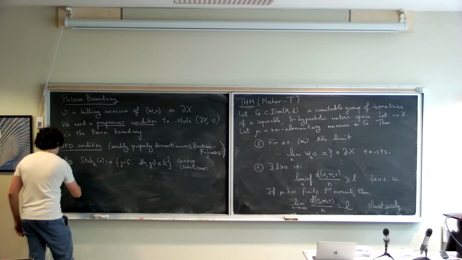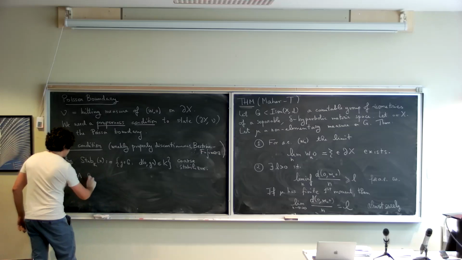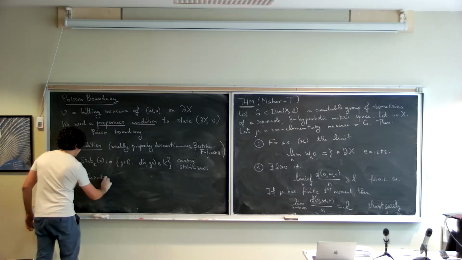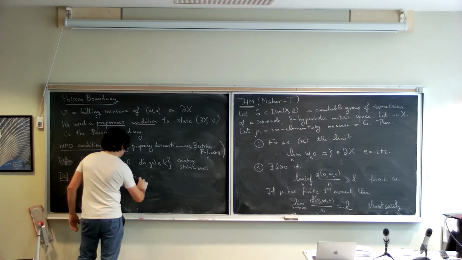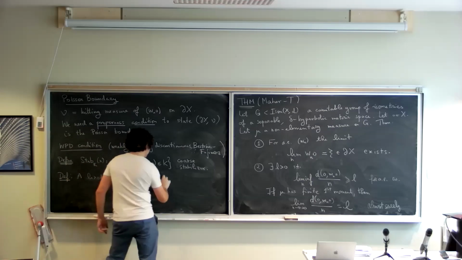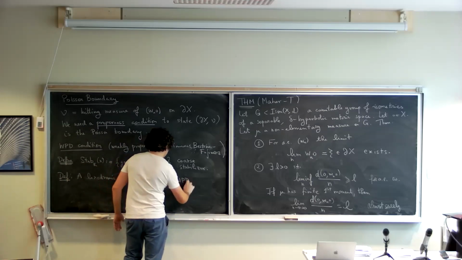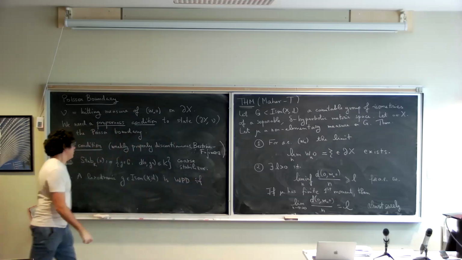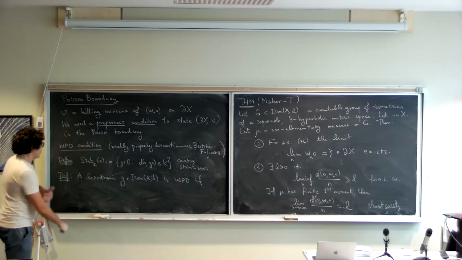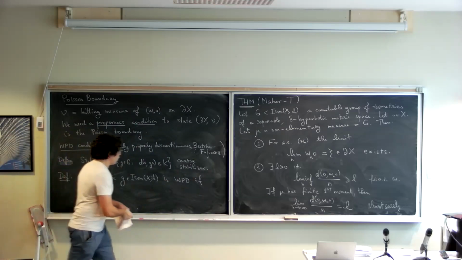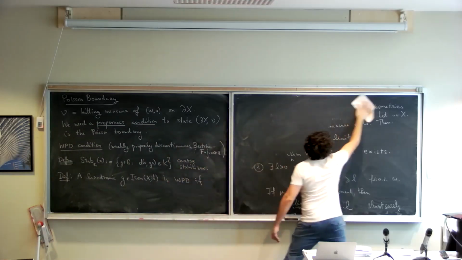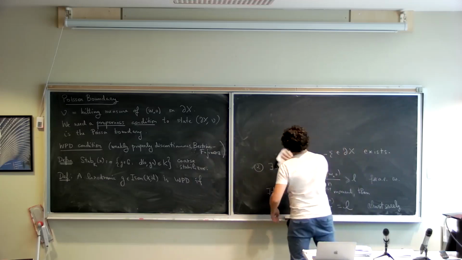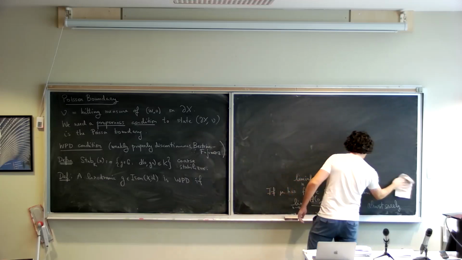Define it as follows: it has to be a loxodromic element. A loxodromic g in the group of isometries of X is WPD if the following is true. You look at this group of elements that coarsely stabilizes elements on the axis of g.